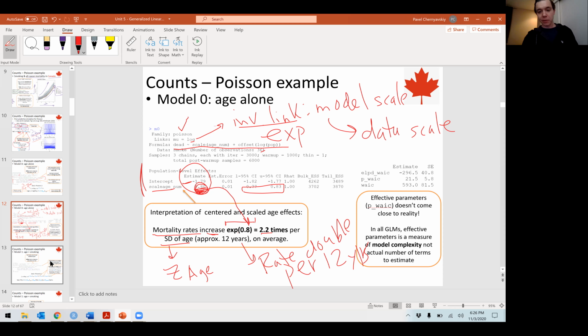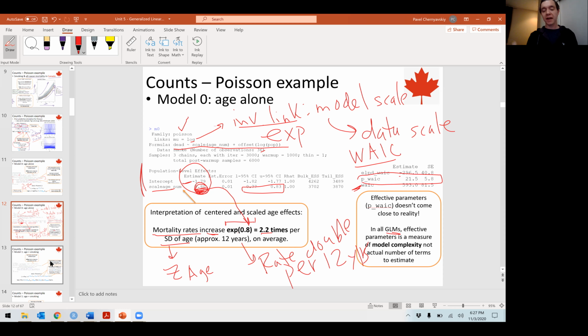If I look at what the WAIC produces, some interesting things. As a reminder, it's not interpretable in itself. 593 is nothing. It's only interpretable in a comparative sense. The effective number of parameters is interpretable, but what it means in GLMs is a measure of model complexity, and therefore, it too is comparative.